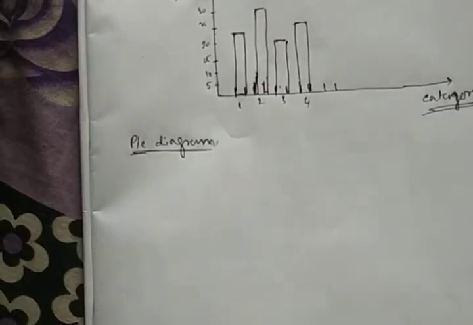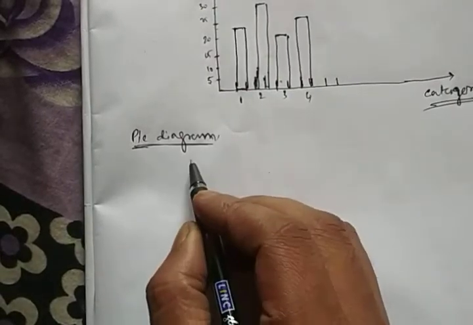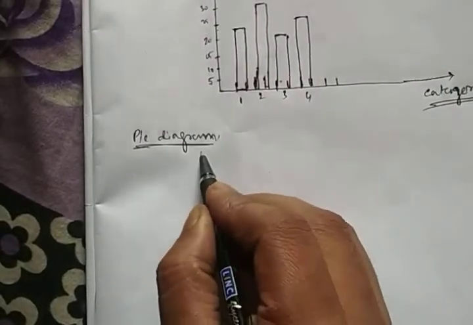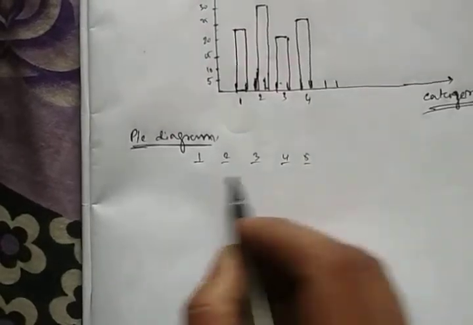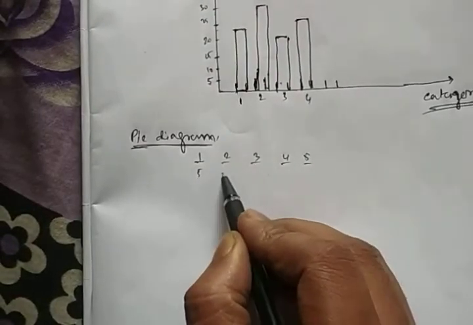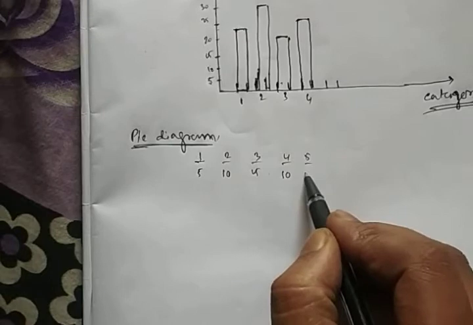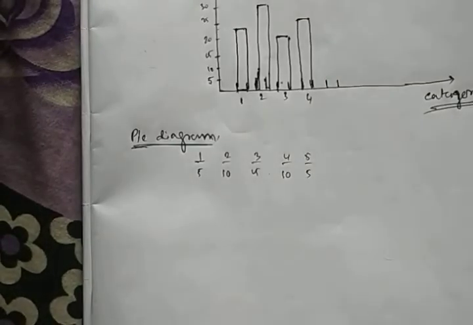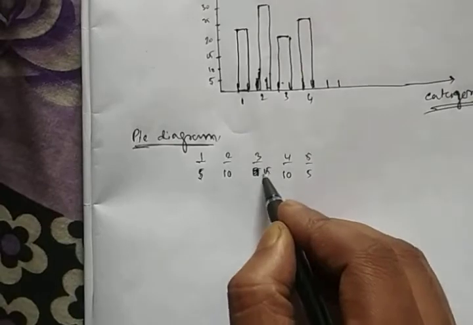Let's consider an example: there are 5 observations, or categories, 1, 2, 3, 4, 5, which have the values 5, 10, 15, 10, 5. I have taken these values as the calculation will be easy, so you will understand it very easily. The data may vary.